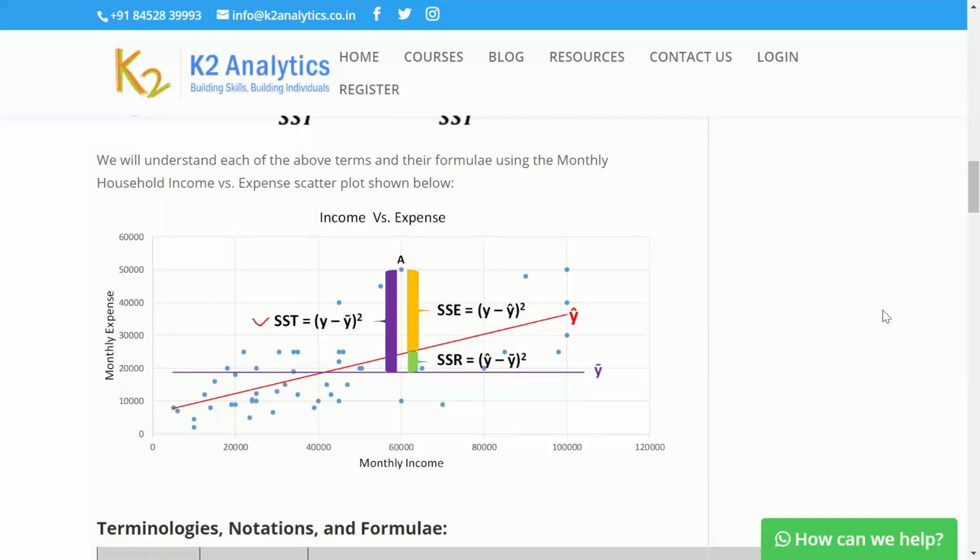When we build a regression, we predict, and because of the prediction we are more accurate. As such, the error reduces.